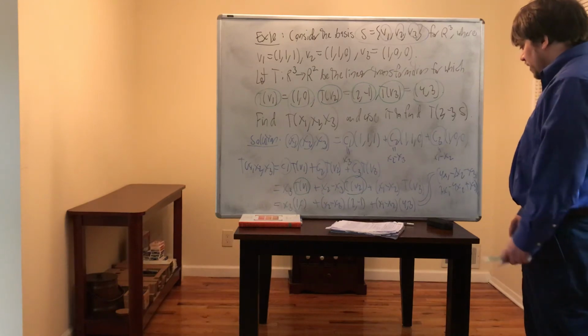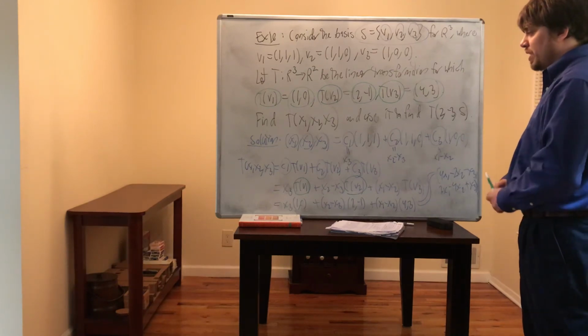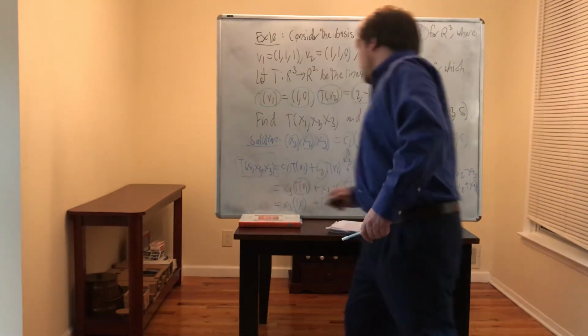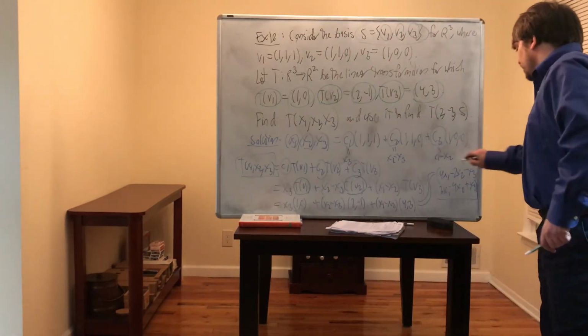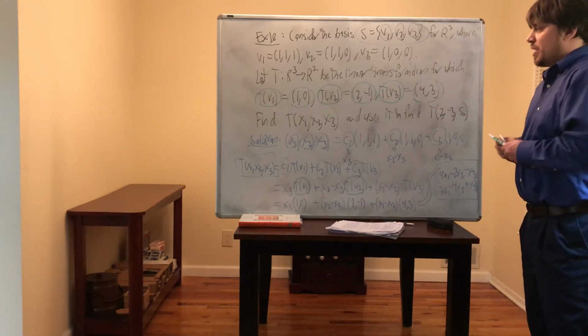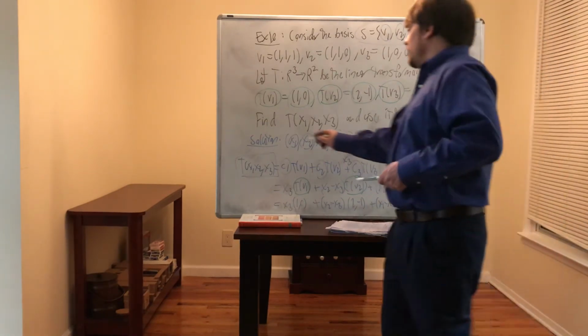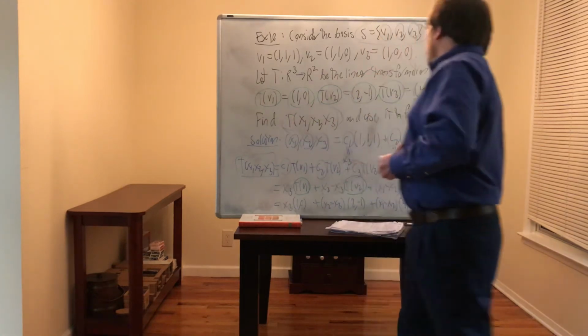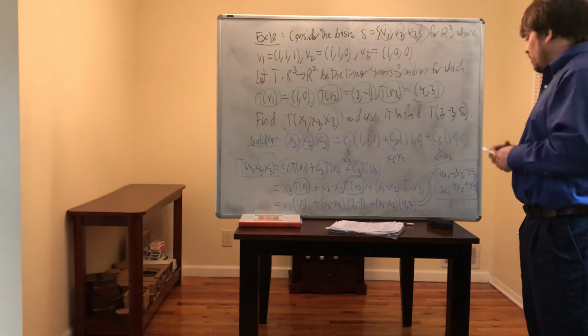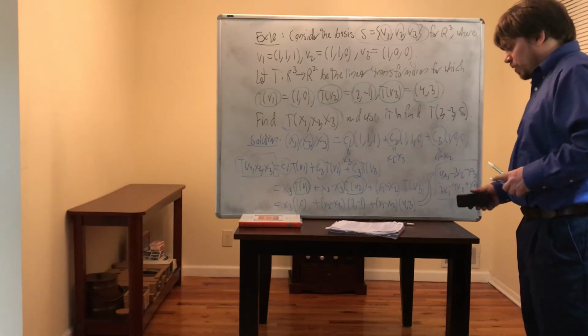And so now we found T of x1, comma, x2, comma, x3. T of this is equal to that two-tuple. That's the first component, that's the second component. And so where it says find T of x1, x2, x3, check, and use it to find T of this. So to find T of that, you just plug in those numbers.